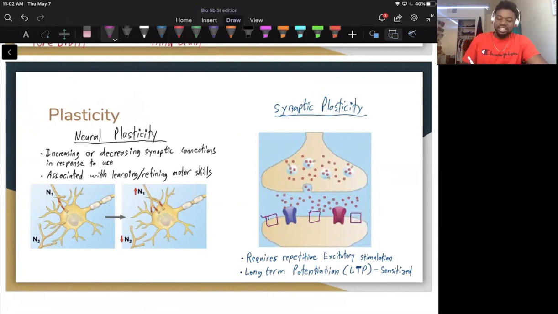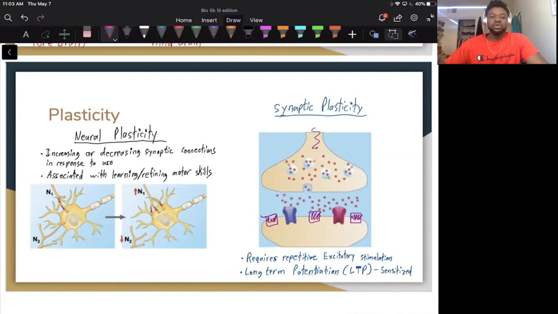This sensitization happens through an increase in receptors. When you have more and more receptors on the postsynaptic neuron, it becomes much more sensitive and much more responsive to input coming in from the presynaptic neuron.